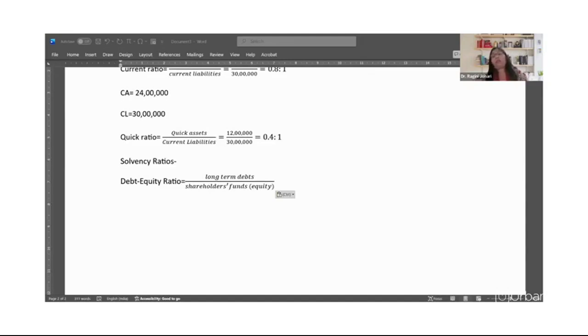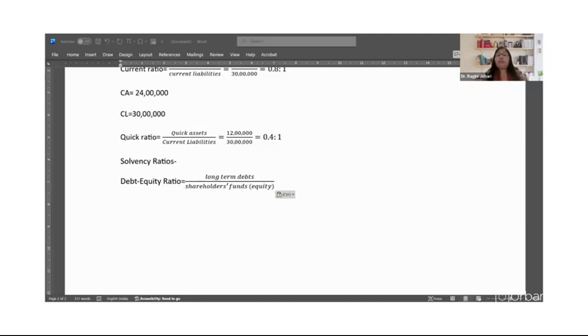Then we have another ratio called debt to capital employed ratio. This is a ratio between the total debt or long-term debt, since we are talking about a long-term ratio, divided by total capital employed, that is net assets of the company.